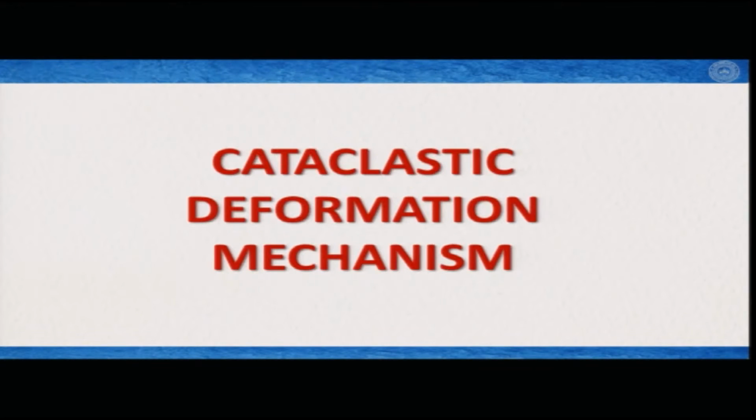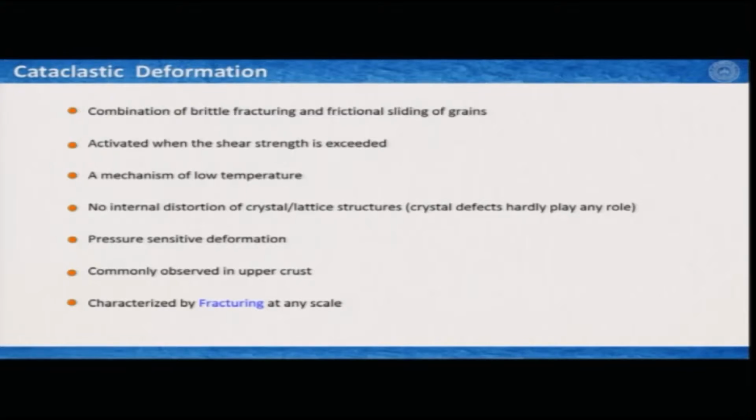So, let us start with the cataclastic deformation mechanism, and we will first learn what the characteristics of cataclastic deformation are. I have given a list here in this slide. Cataclastic deformation is nothing but when your grains fracture or you have some sort of frictional sliding of the grains.